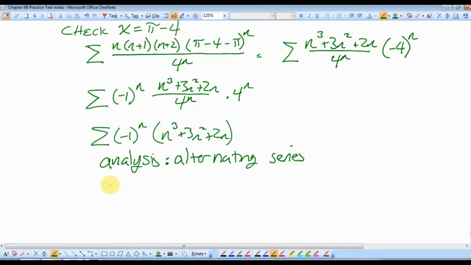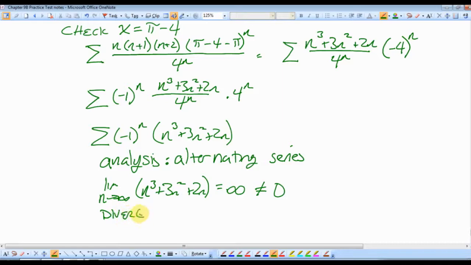Alternating series, we're going to take the limit as n approaches infinity of n cubed plus 3n squared plus 2n. That limit is infinity. Doesn't really matter what it is, as long as it's not 0, series diverges at x equals pi minus 4.